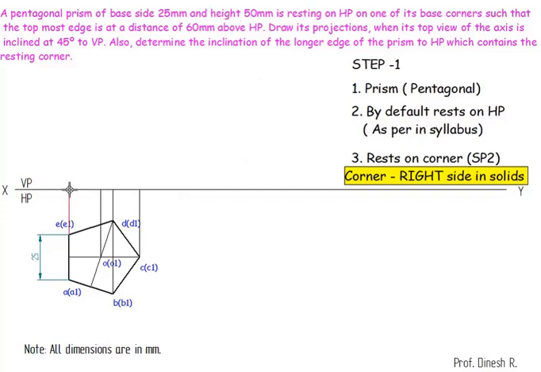So I am going to draw a line. From here this measurement is 50. I am going to draw a line till this point. Then I am going to be drawing it.